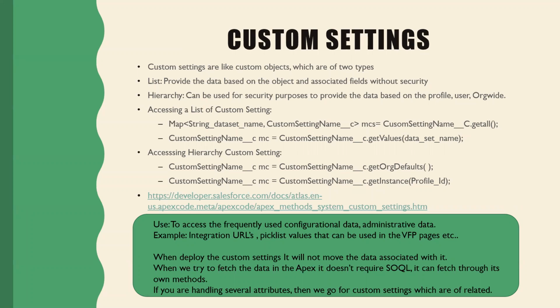So this will be very useful, sir. Custom settings or custom metadata: what is the benefit you will get? For example, if you have 20-30 records that you want to store in Salesforce, you can store them in a custom metadata type. Even if you are adding any feature and you add one more record, you can go to custom metadata and add the record.